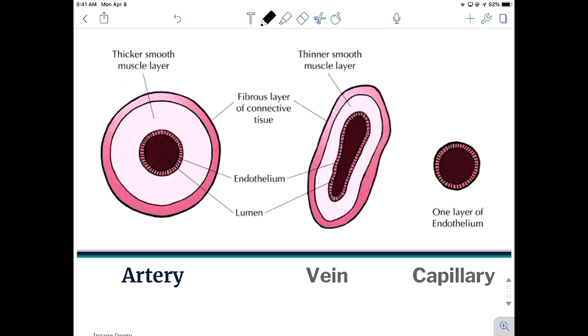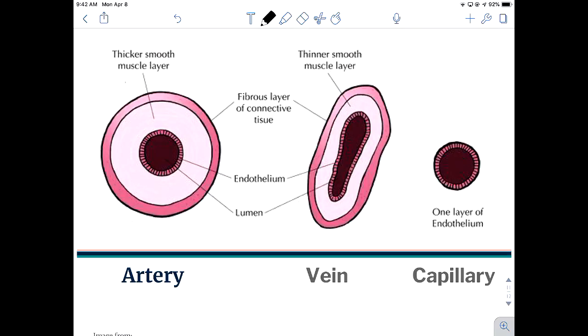So just to look at them side by side, here is your central lumen. Here's the one cell thick layer on the inside, the endothelium. This endothelium is then covered in a thick smooth muscle layer.